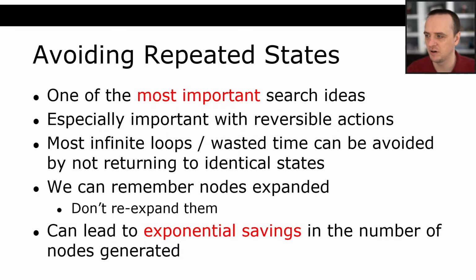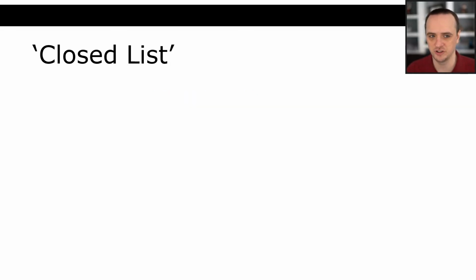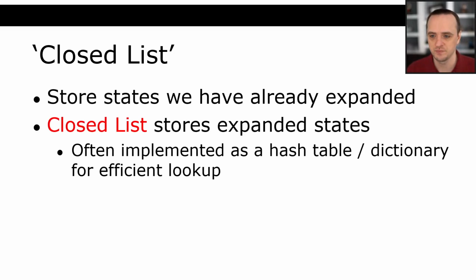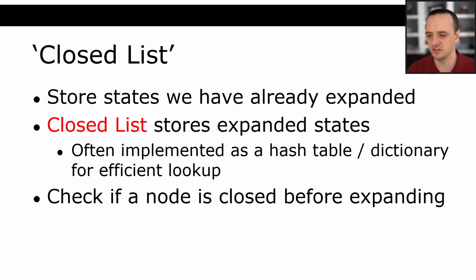And if you remember, we did this by introducing the concept of a closed list. The closed list stores the states that we've already expanded in our search, and it's often implemented as some sort of hash table or dictionary for efficient lookup. Essentially all it does is if we expand a node, we add it to the closed list, and if a node is in the closed list, we don't need to expand it again.